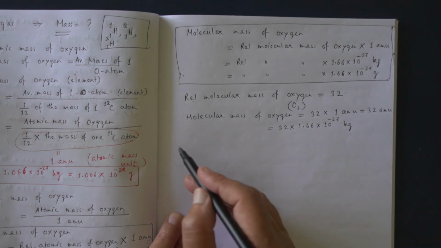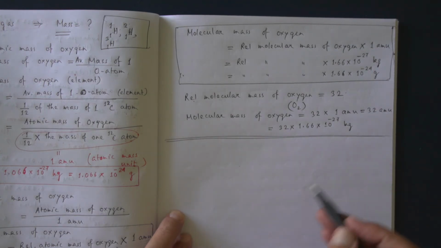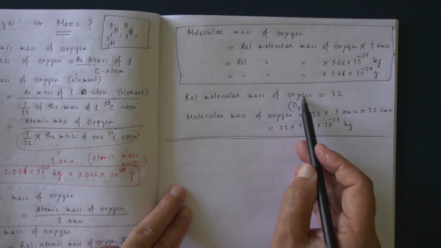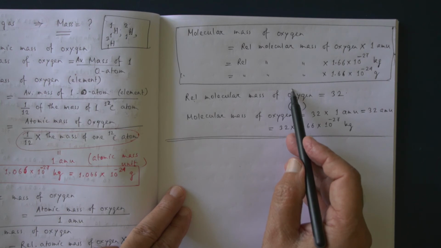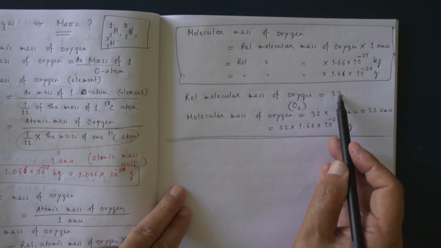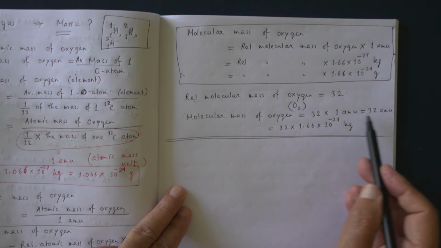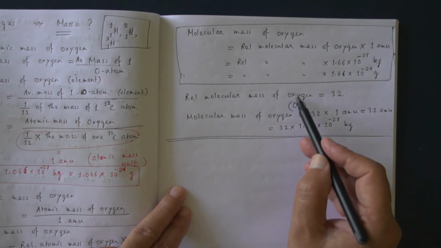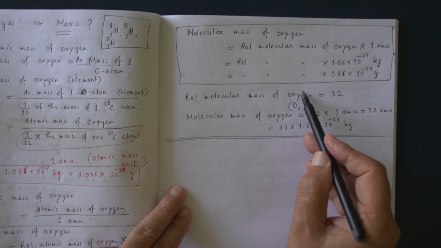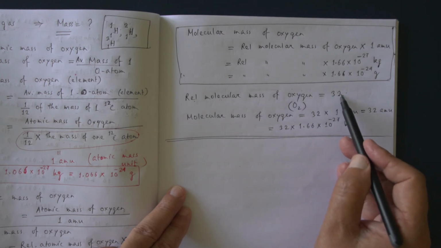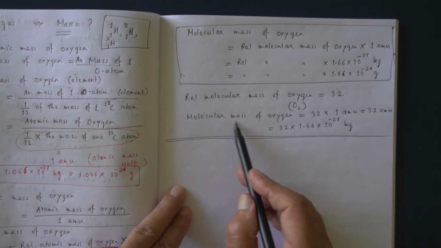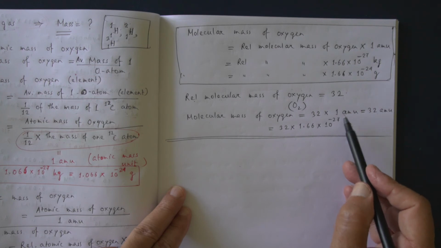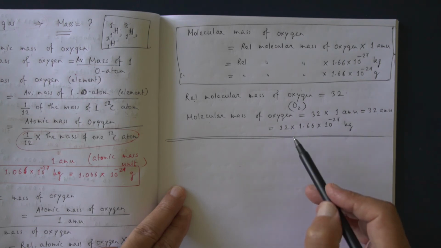Okay, now let us come back. We have taken oxygen as an example. It may be nitrogen, then it will be 28, then it will be 28 AMU or 28 into this. If we take carbon dioxide, then this will be 44, and molecular mass will be 44 AMU, or 44 into this much kg.